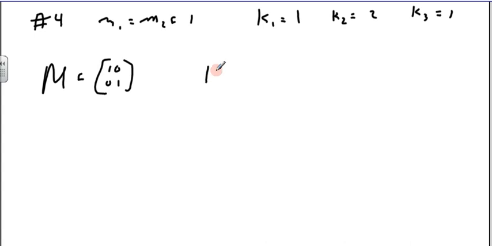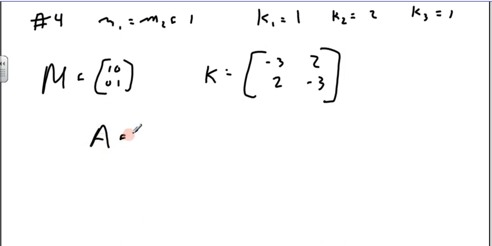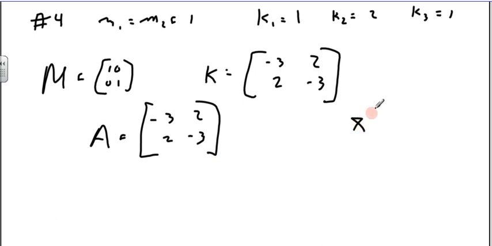I've got a matrix K, minus 3, 2, 2, minus 3. Because the identity matrix is its own inverse, my A is minus 3, 2, 2, minus 3. The A of x double prime is equal to Ax. That's the A I'm talking about.